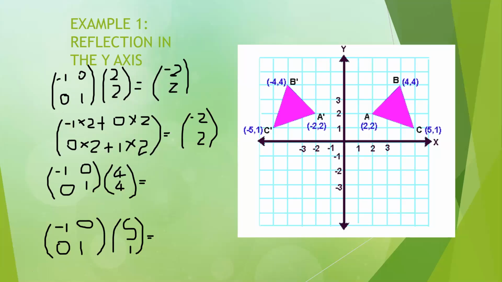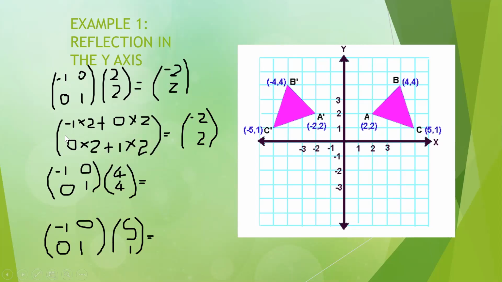Is it clearer now? Yes, Miss. All right, now remember when we are multiplying matrices, somebody tell me, how do we multiply matrices? Row by column. Row by column, very good. So that's -1 times 2 plus 0 times 2.